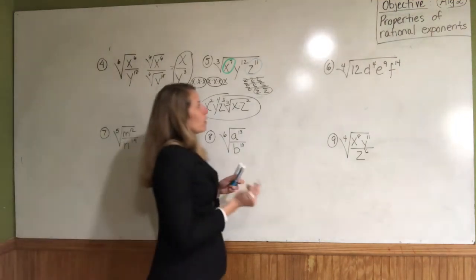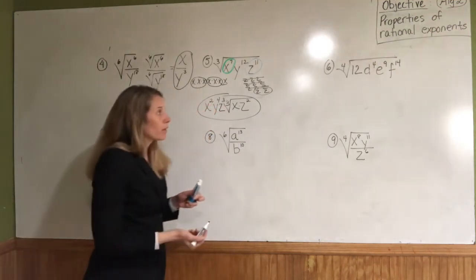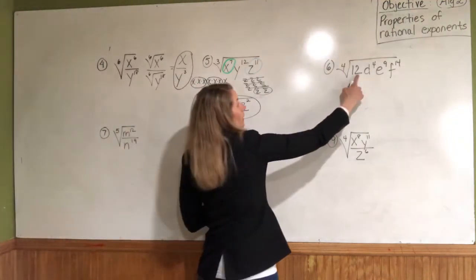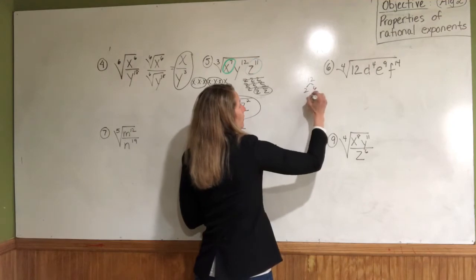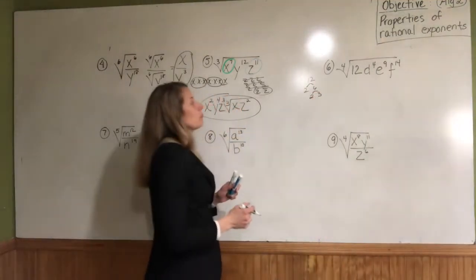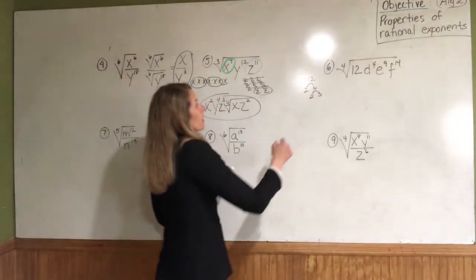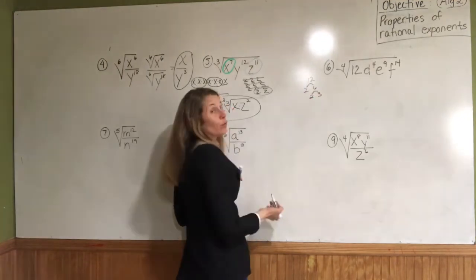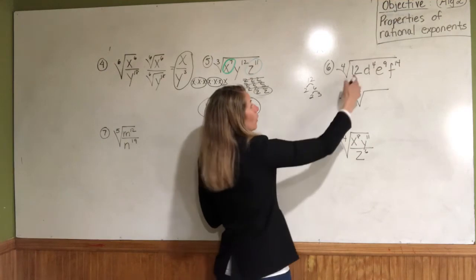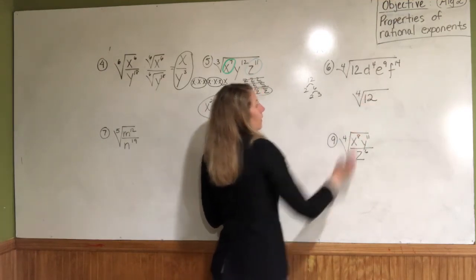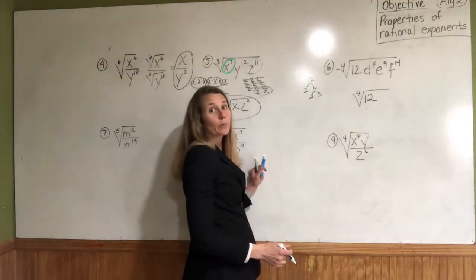All right, so let's take a look at number 6. This time we're doing a 4th root. Again, I start out with my regular number here, which is 12. But as you probably already figured out, this does not have any groups of 4, so we're going to leave the whole 12 on the inside of that 4th root. There's nothing that can come out.